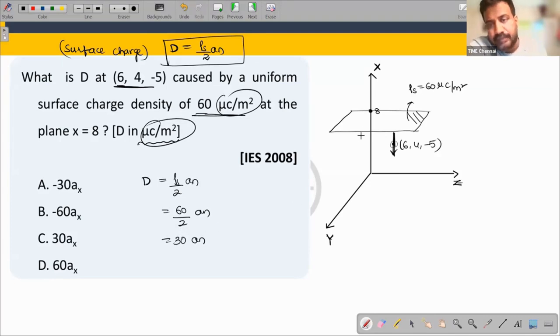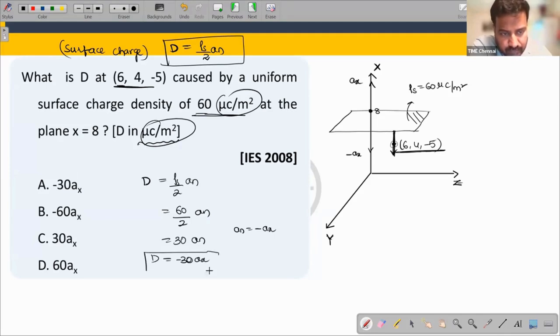So what is the normal now? Because the point is 6 comma 4 comma minus 5, the normal from the surface, you draw it in this way. This is AX. This will be minus AX. So the normal in this given case is AN is equal to minus AX. It will be minus 30 AX.